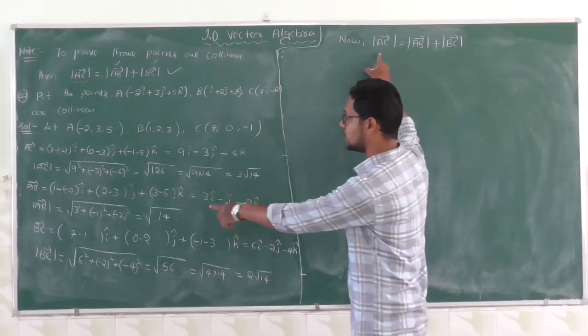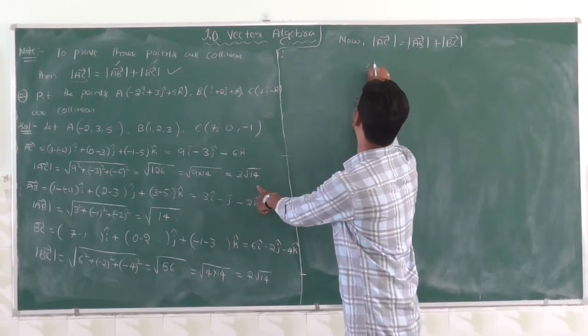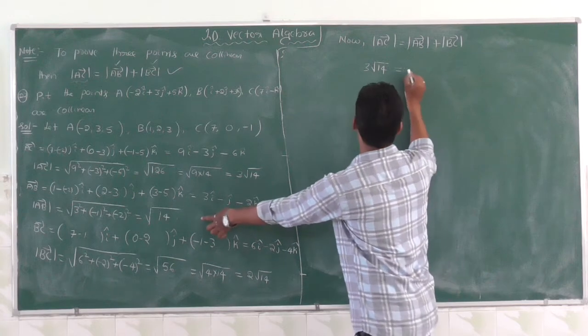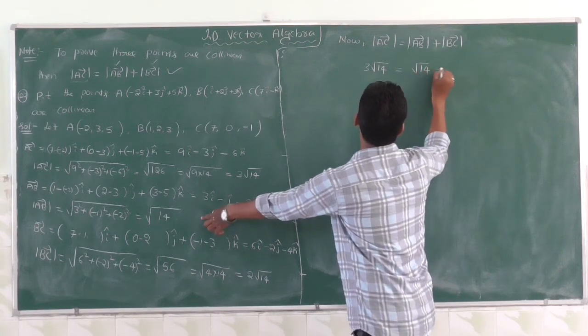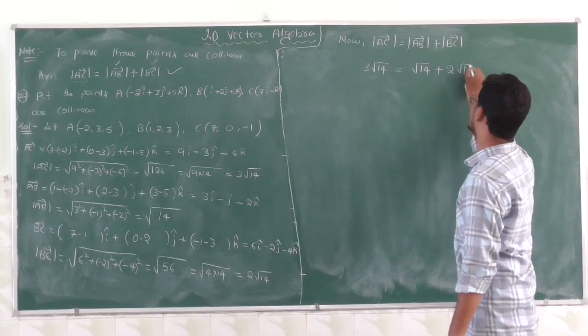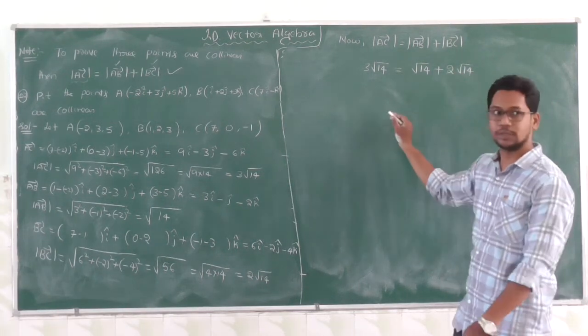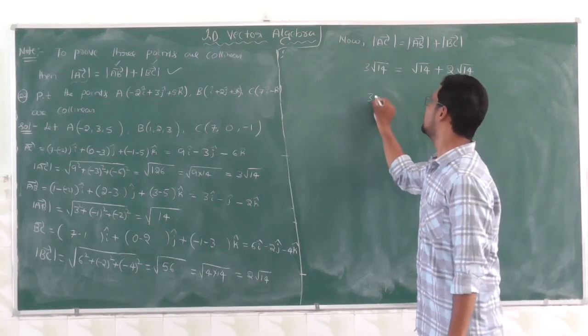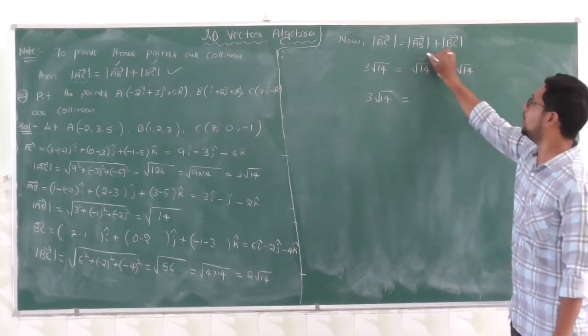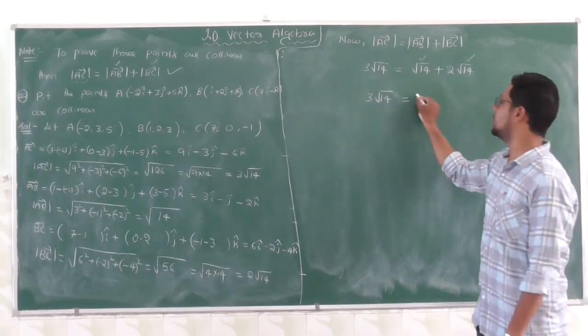Magnitude of AC vector is 3 into square root of 14, equals magnitude of AB vector, square root of 14, plus magnitude of BC vector, 2 root 14. Root 14 plus 2 root 14 is 3 root 14.